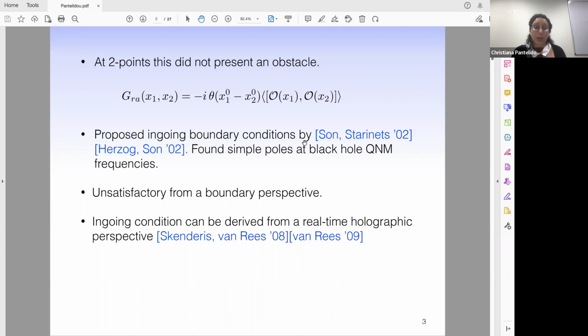In order to understand where these ingoing boundary conditions come from, we need to go into the realm of real-time holography.